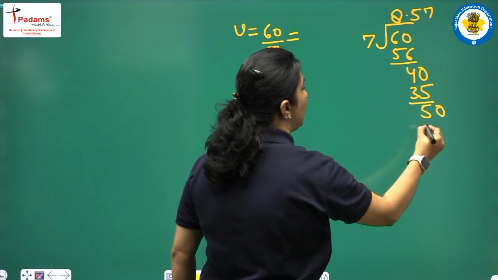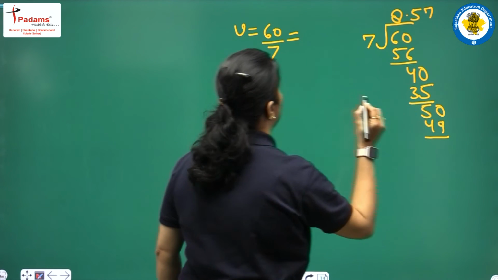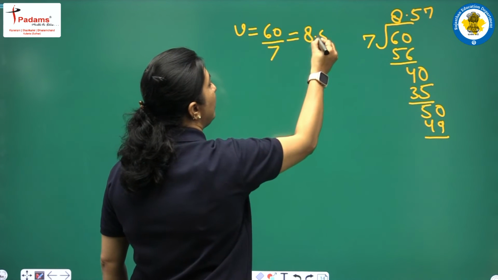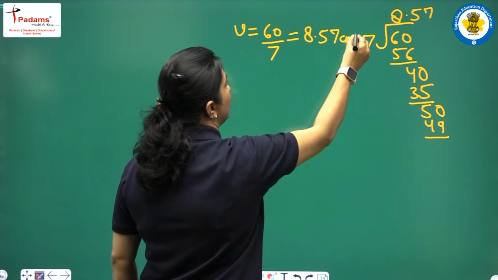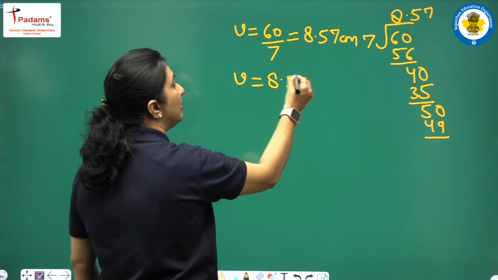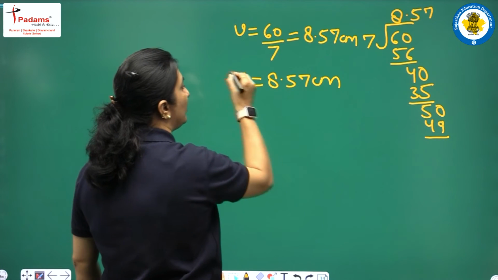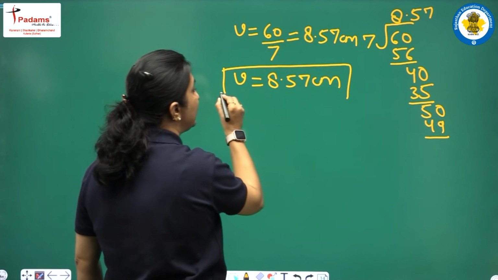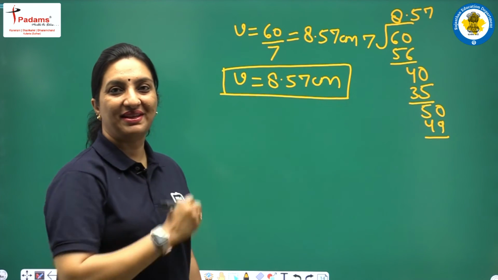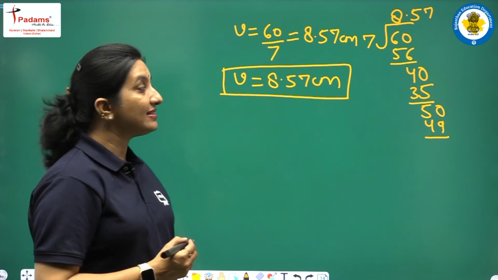So 7 7s are 49. So the value of V comes out to be 8.57 centimeters. So V here is again having a positive value. Now this positive value indicates that the image is formed behind the mirror.